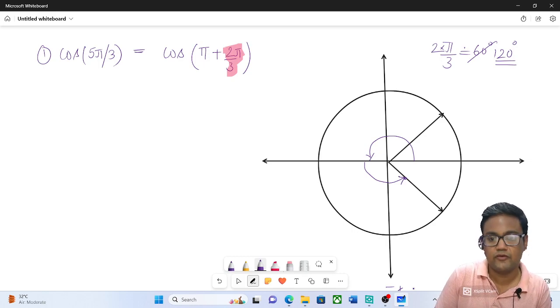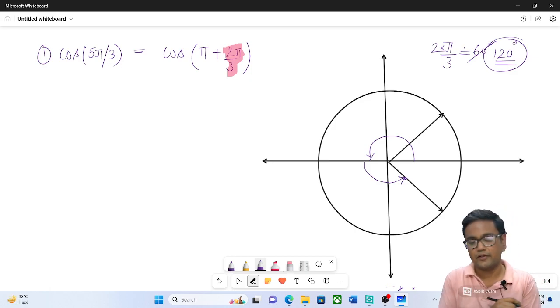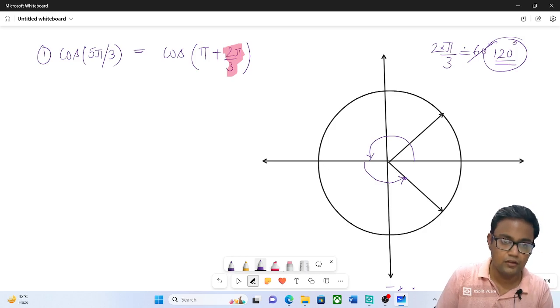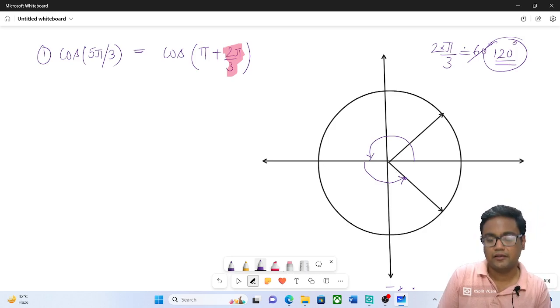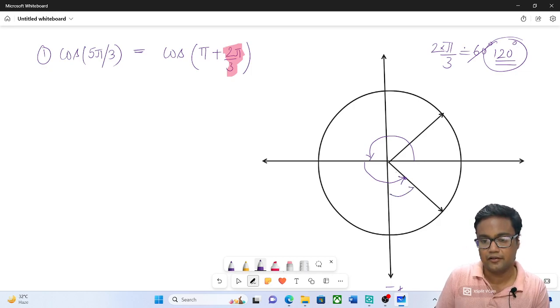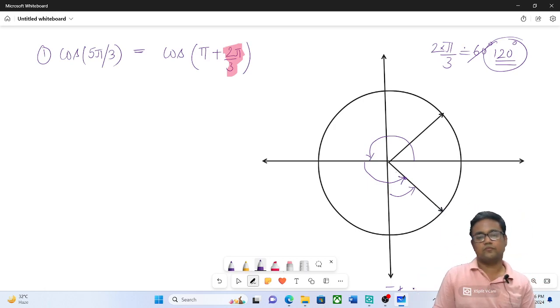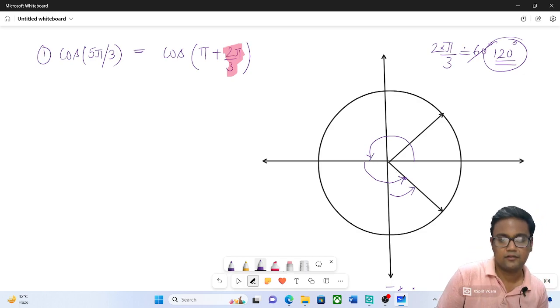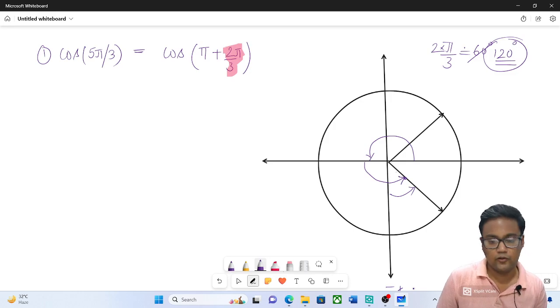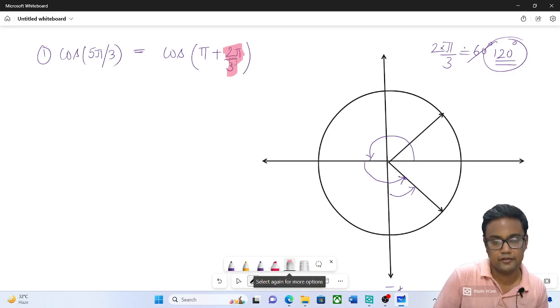Otherwise you would again be solving for this 120 degrees separately, so we would have to solve it twice, right. That cos of pi plus theta, that theta should be acute. I stated this once, I do not remember in which video. Otherwise we have to work out again that after this 90 it is 30, right. So it would take so much work, so it is better that we try to take that excess angle as an acute angle, not an obtuse or any other angle greater than 90 degrees, right. So let us try to erase it.